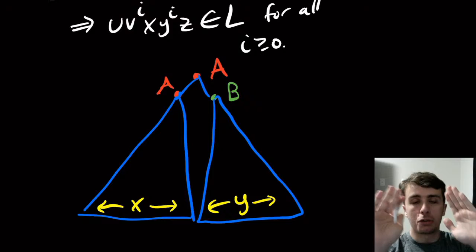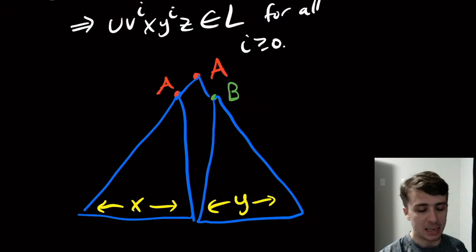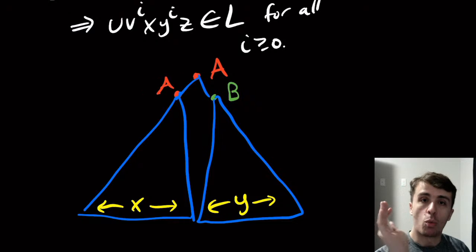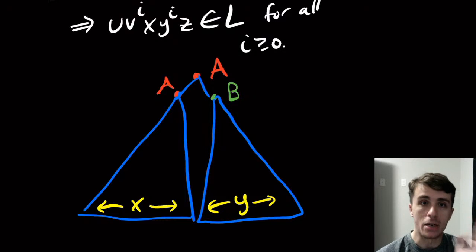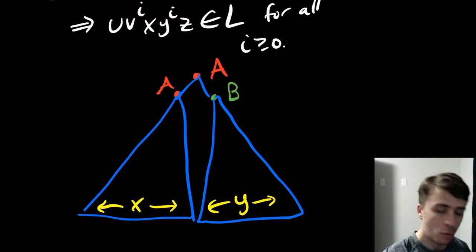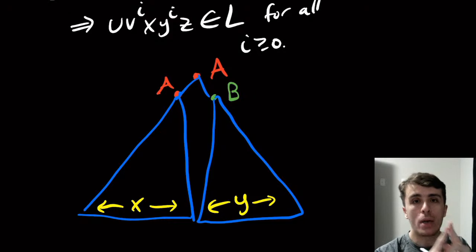And we can also flip this around: what if the a variable was on this side and the b was on the left side? Then the y part's empty, but that forces the v part to be not empty. So in either case, one of the two of v and y is not empty.